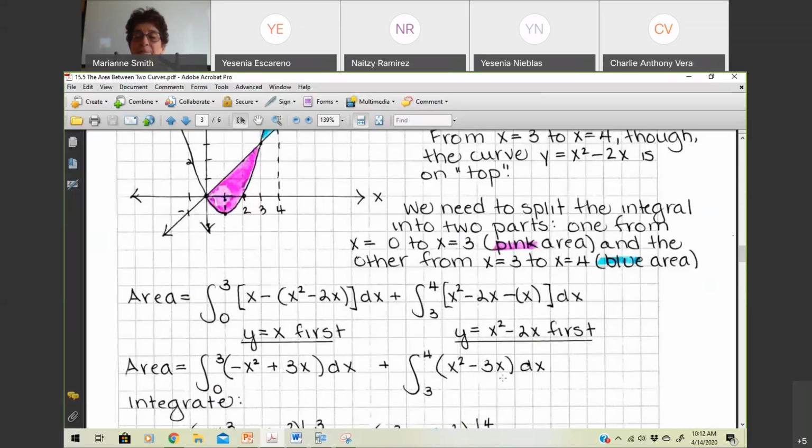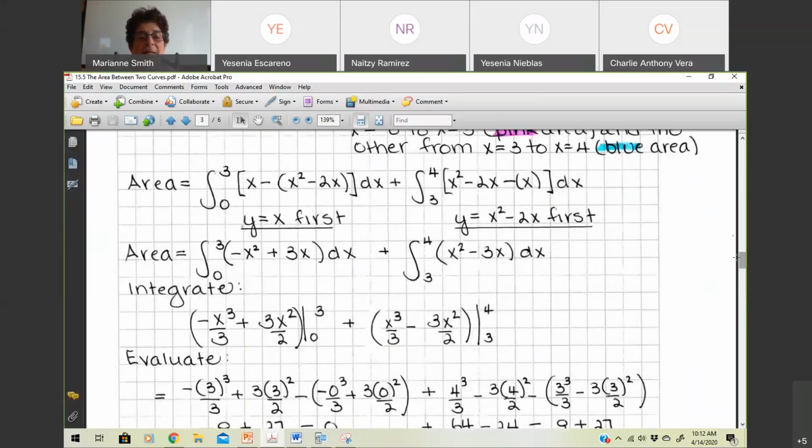So I'm just simplifying that subtraction to make the integration a little easier. And then integrating, this gives me negative x cubed over 3, and this gives me 3x squared over 2. That's evaluated from 3 to 0. This one gives me x cubed over 3 and negative 3x squared over 2.